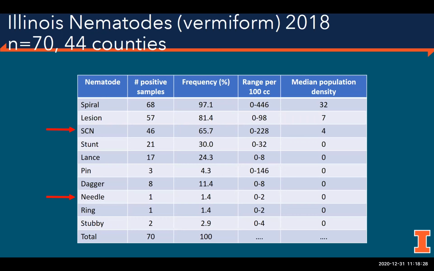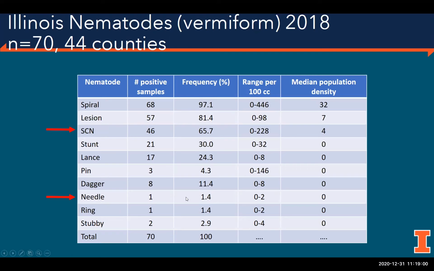Plus it was wet. So if we look at our 2018 samples, spiral and lesion have the highest frequency of fields with them present. We also see that a lot of our fields still have SCN juveniles. Remember I said that's why rotating corn is one way to reduce those numbers. So about 65, 66% of our fields had soybean cyst nematodes in them, and those are the corn fields.